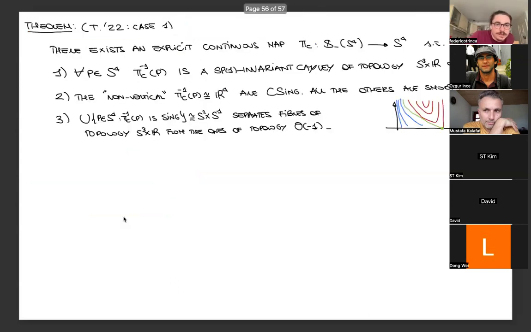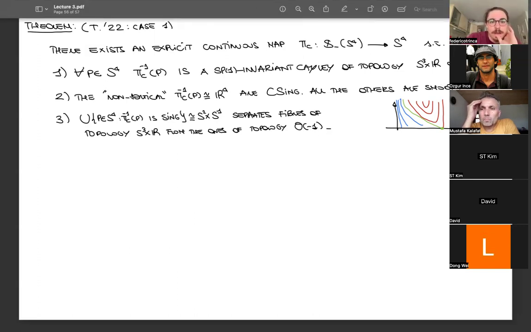The non-trivial cases are the first one and the second, and what we obtained was that we can find an explicit map, exactly as in Jason and Spiegel's paper, from the negative spinor bundle of S4 into S4 this time, and the fibers of this map are Sp1-invariant Cayley's, and the topology is either S3 times R, or R4, or this line bundle over CP1.